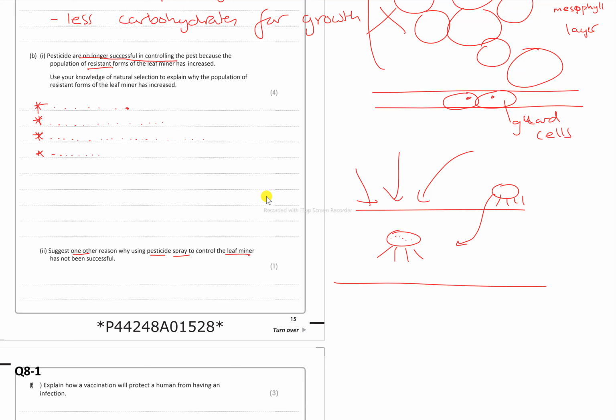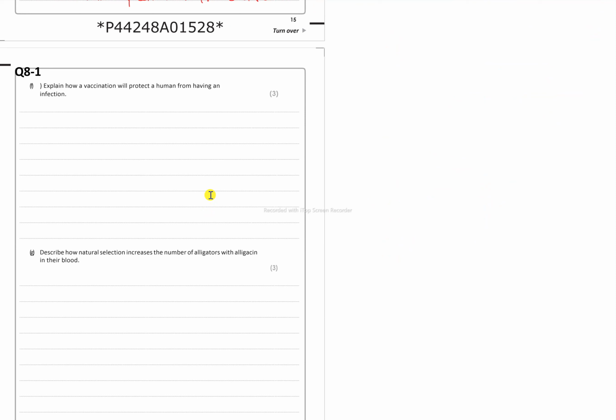So the leaf miner is inside the leaf, whilst the pesticide is outside. Oh dear. Right. There you go.